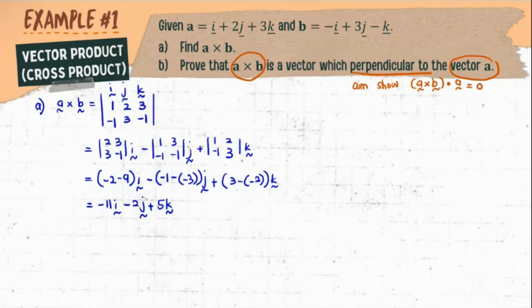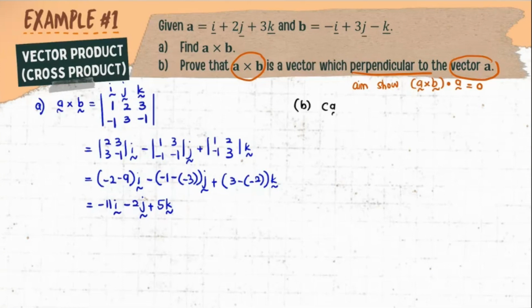Okay, so ini idea dia lah kita nak dapatkan dot product antara vektor yang kita jumpa dengan vektor A dapat kosong. Sebab dalam dot product bila kita dotkan tu vektor dan dapat kosong maksudnya dia adalah perpendicular to each other. Okay, so untuk soalan B kita buat kat sini.